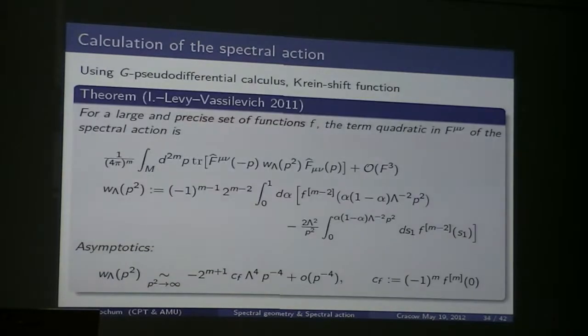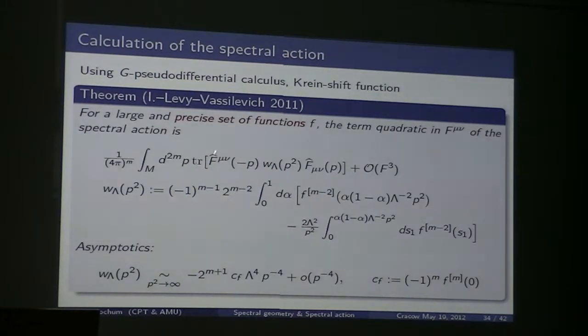So, how to do that? Let's say that this is joint work with J. Levy and Vassilevich. For a large and precise set of functions, the terms which are quadratic in F and all its derivatives are precisely this term. Not quite simple.